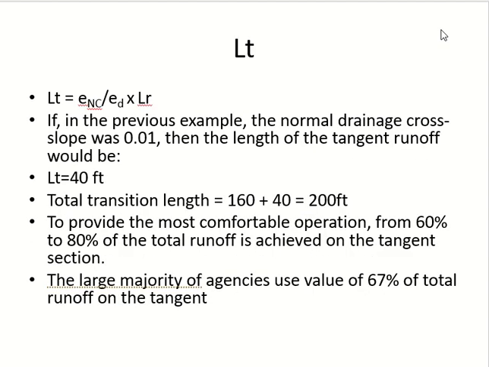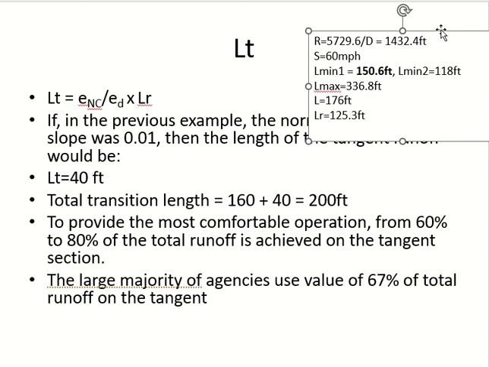So LT is this value. My super elevation was 4.7%. Normal cross slope is given in the question as 1%, 0.01. LR you just found. So how much is LT?